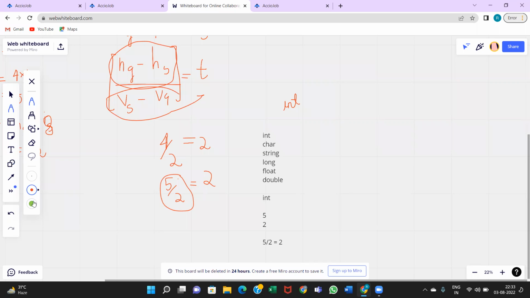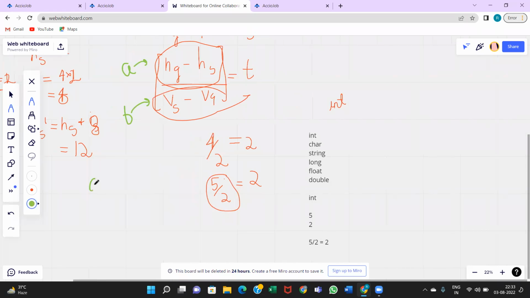Let me call this part A for now and this part B for now. Does it make sense that if A modulo B, where modulo returns the remainder, is equal to 0, meaning A is completely divisible by B, then we are getting a certain integral value for our time?